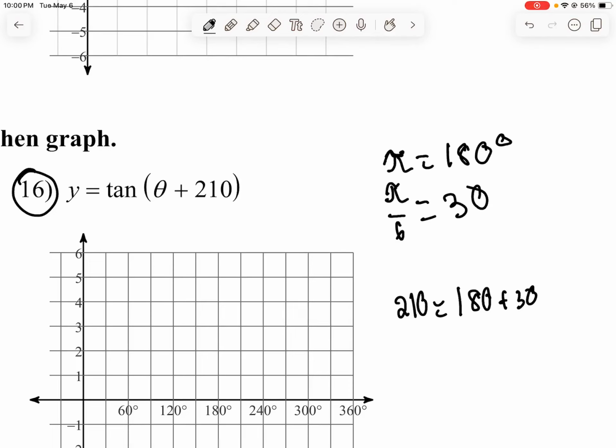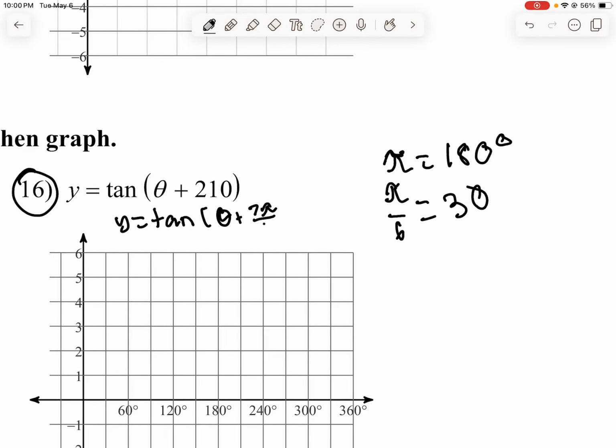So you have a pi plus pi over 6. And that in total, you can rewrite it in terms of radians, so y equals tangent theta plus 7 pi over 6.